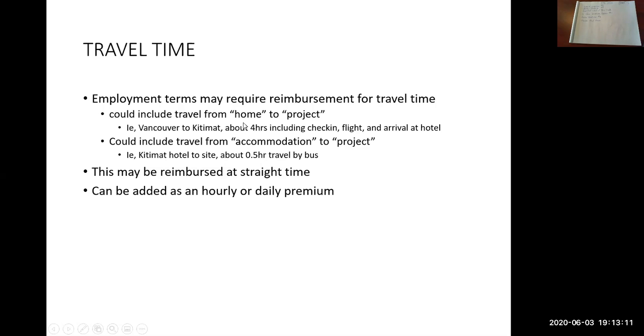Not every company pays travel time. You would likely have to pay this travel time, the 4 or 5 hours of getting to the airport, the waiting, the flight. Possibly you may not pay for this. Again, it depends on your agreement with your employees.